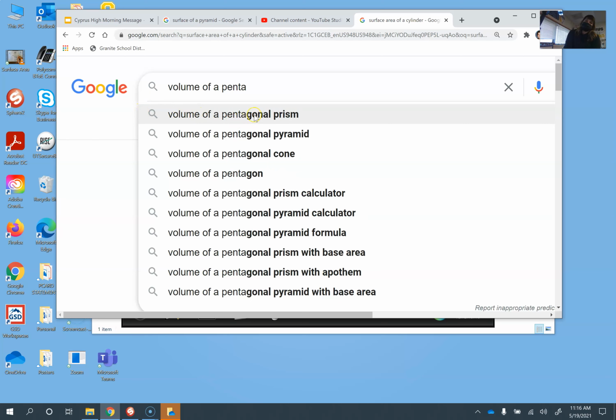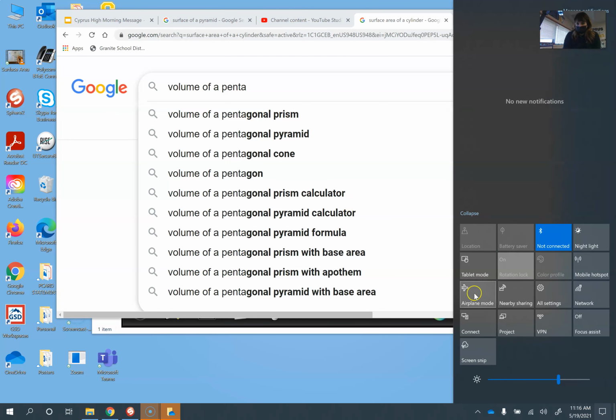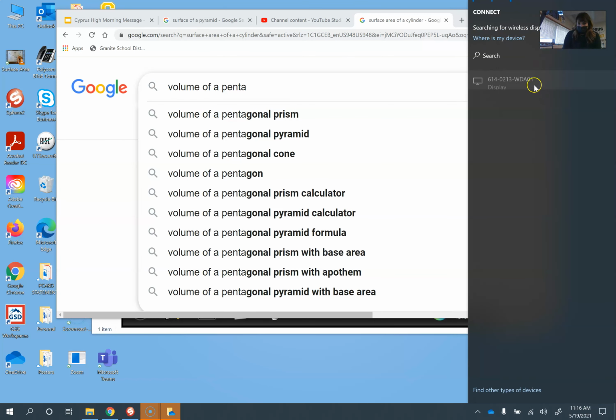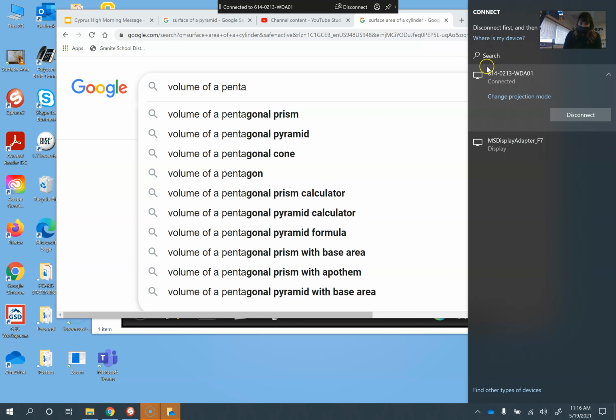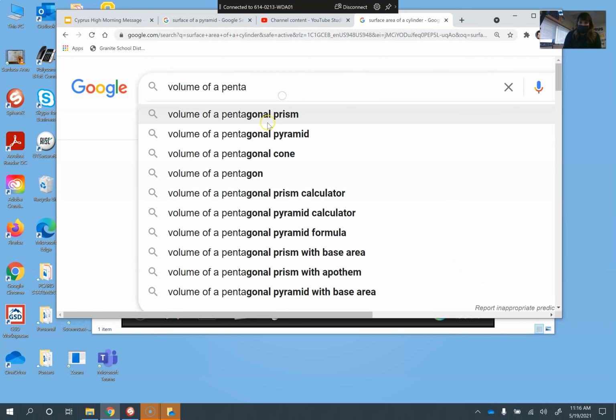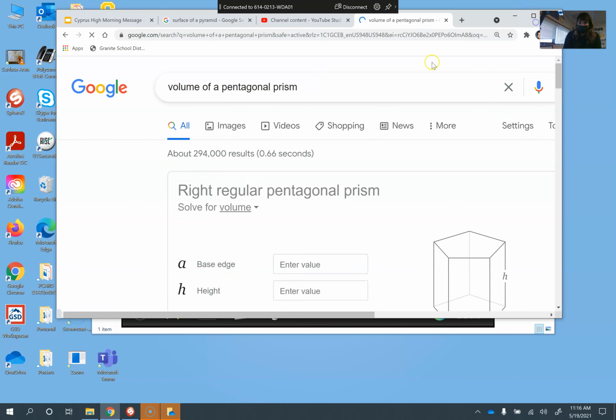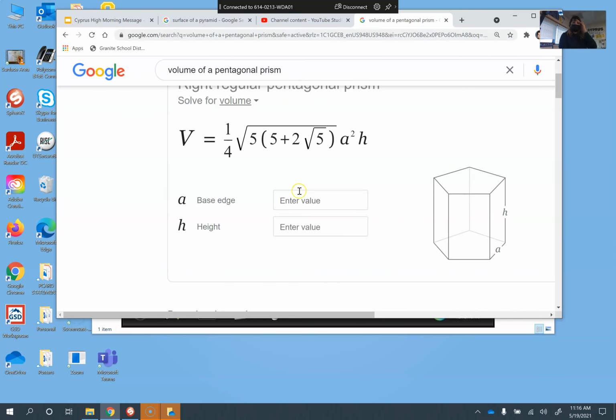And then once I start typing in penta, it finishes it for me. Okay, so I'm going to choose the pentagonal prism, and it will actually let me enter it in.